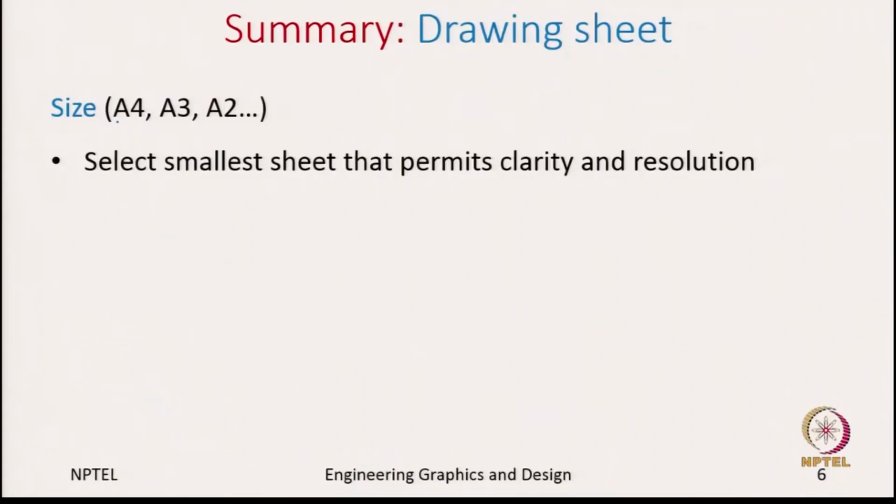So, in summary, what we have looked at about the drawing sheets is that we started with sizes of the sheet: A4, A3, A2, and as you go in this direction the size of the sheet doubles. Going from A4 to A3 we double it, and again from A3 to A2 we double the size.